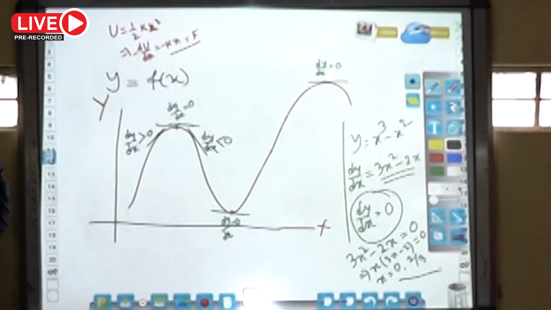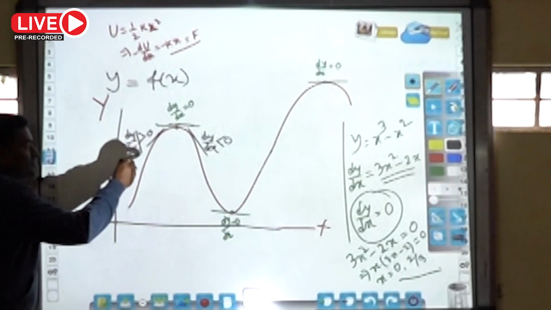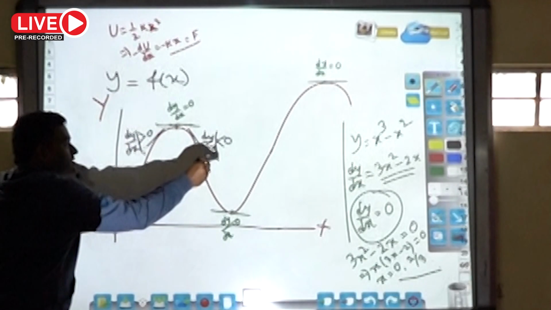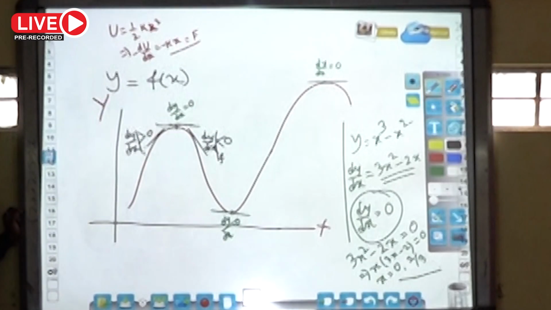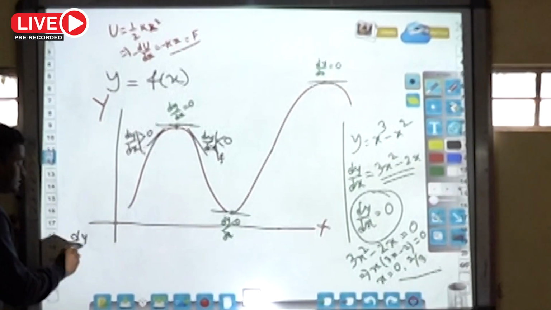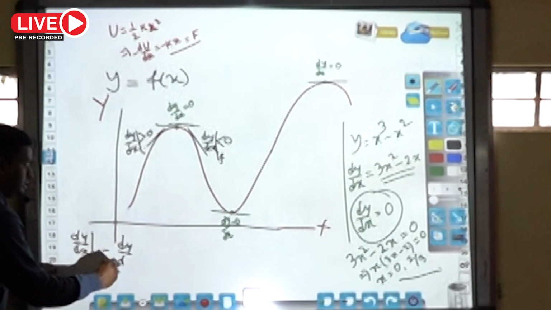Okay. So I denote this one as dy dx initial value, and this is dy dx final value. Now just check dy dx final minus dy dx initial.